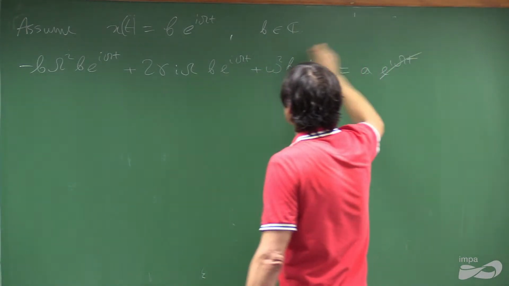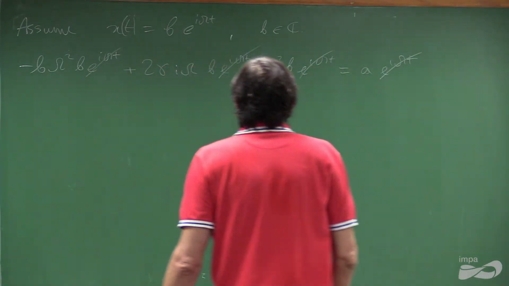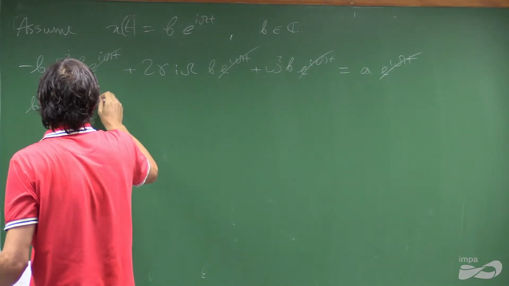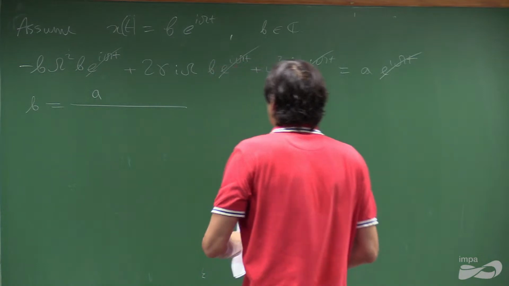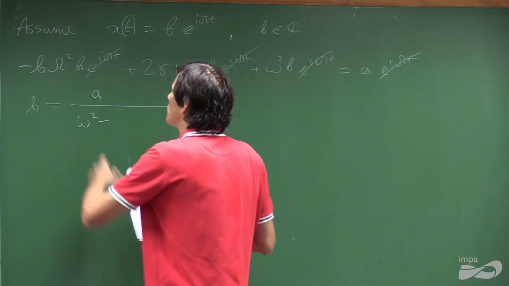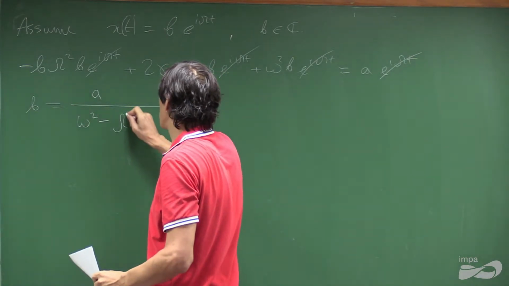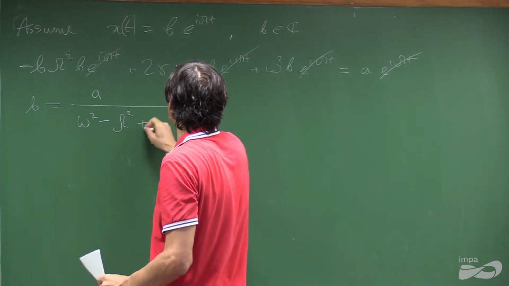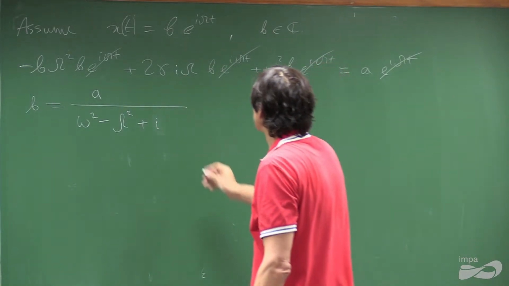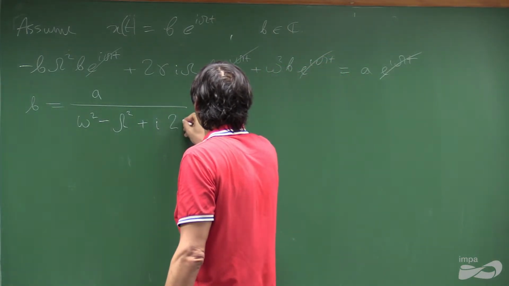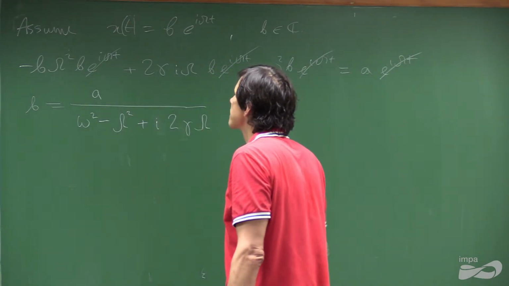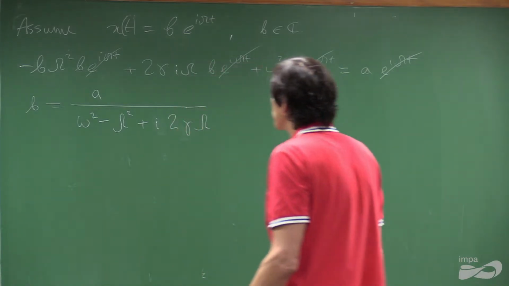So now all exponents cancel, and all of this is proportional to b. So we find b is a divided by the sum of these terms. I start with capital omega squared minus omega squared, and then there remains this plus i times 2 gamma omega. We put i in front to see that it's imaginary. Like this, right?